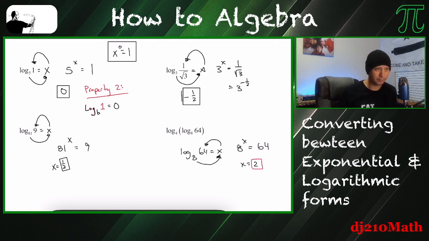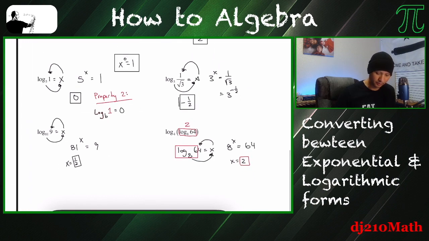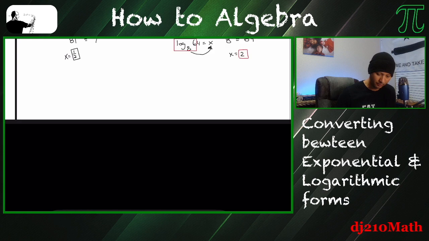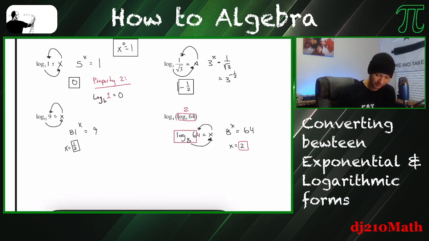So what's that mean? That means this whole thing is equal to 2. So log base 4 of 2 is equal to x.